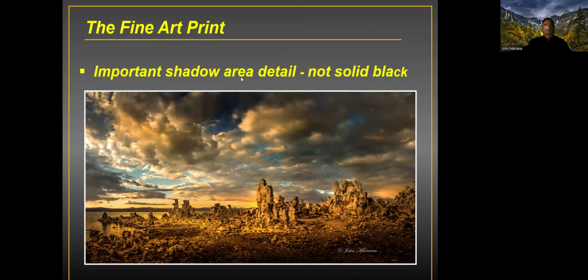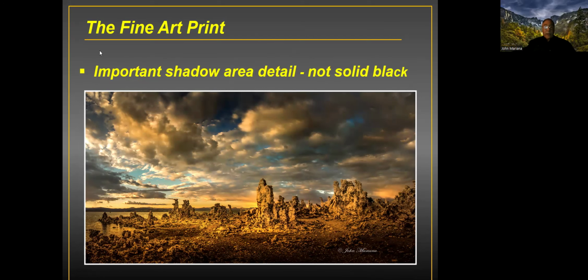The important shadow areas have detail. Notice down in the lower right area, I have detail in every portion of this image and in the sky. And if you notice also that the bottom portion is a little darker, the top portion is a little darker, the highlight is the center of the image.